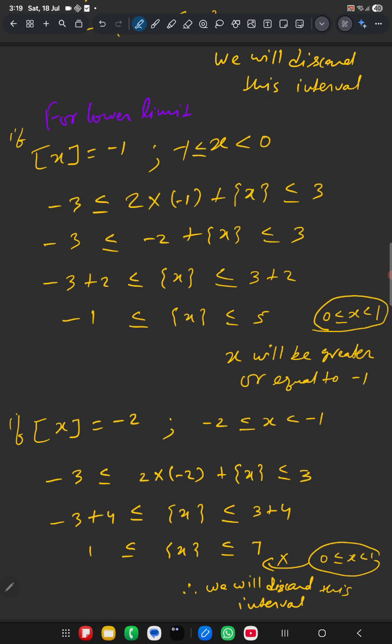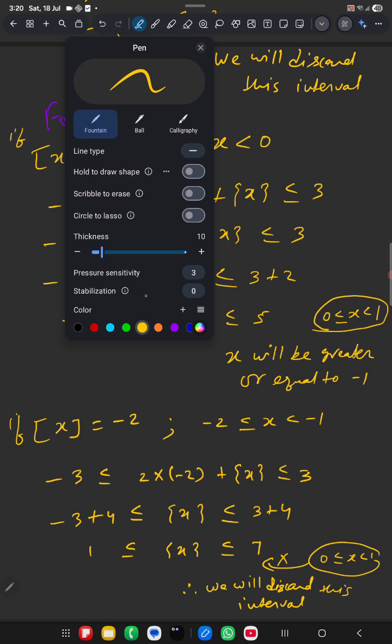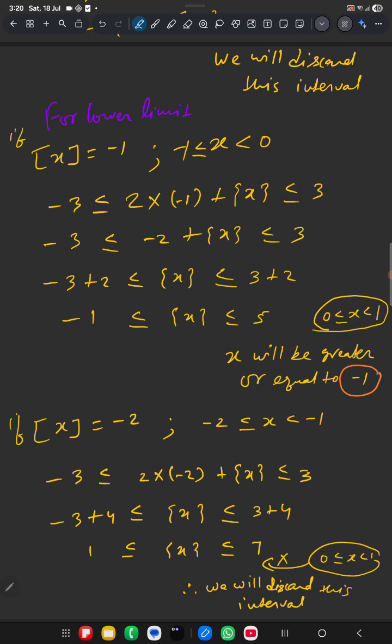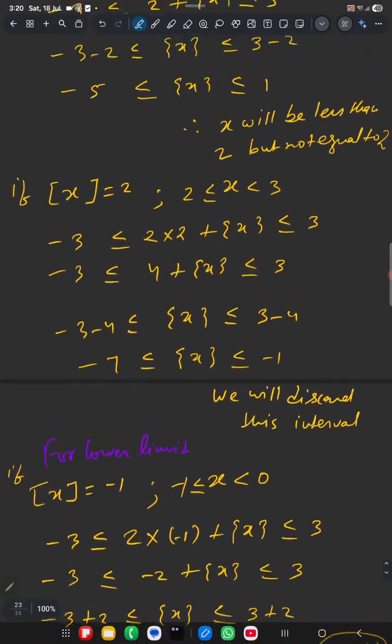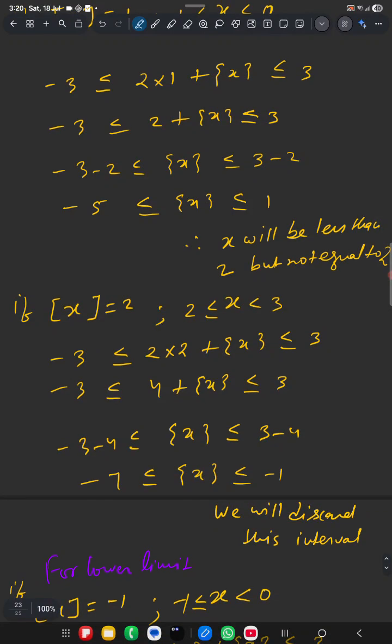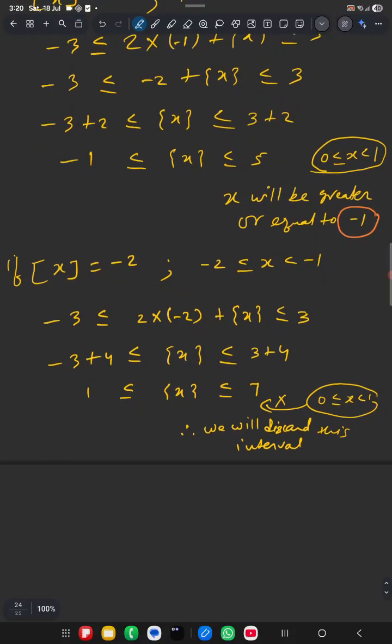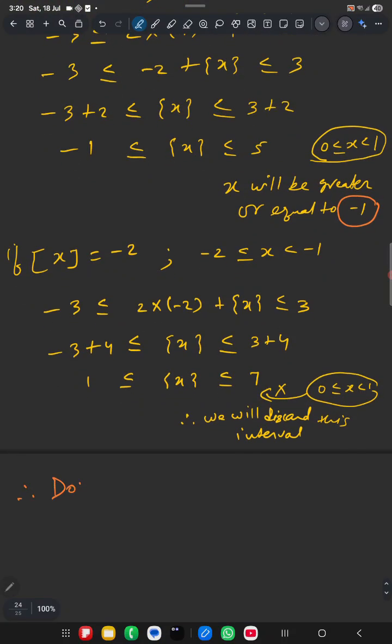So what is your lower limit? Your lower limit is minus 1. And what is your upper limit where we have taken the break? x will be less than 2 but not equal to 2. So our domain will be of the form x greater than or equal to minus 1 and less than 2.